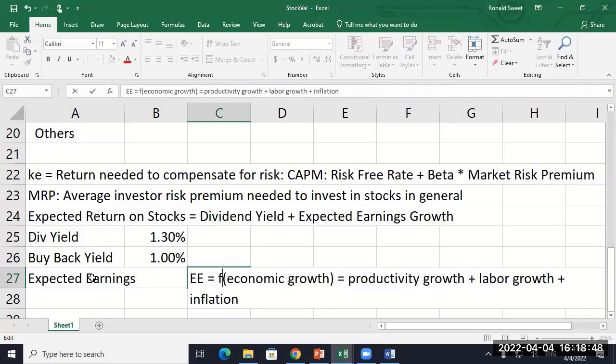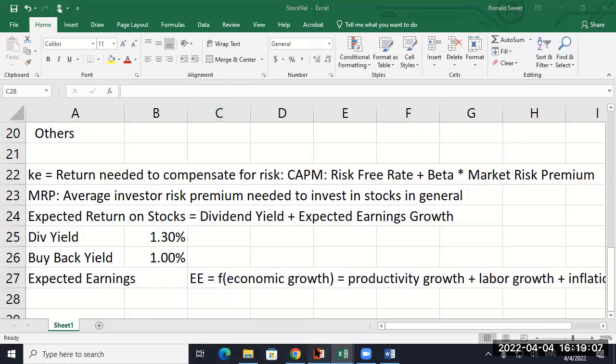So on paper 3 and paper 4, you're going to use this: the stock market's going to be tied to dividend yield plus expected earnings growth. The expected earnings growth is going to be closely tied to economic growth. Economic growth is going to be productivity, labor, and inflation.